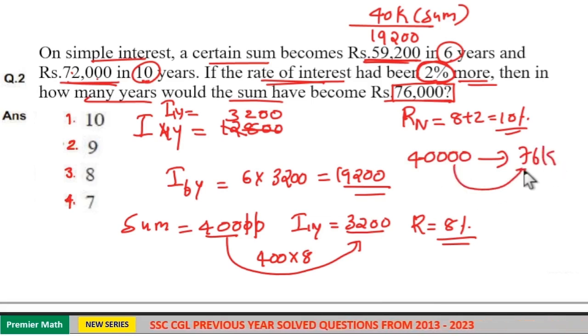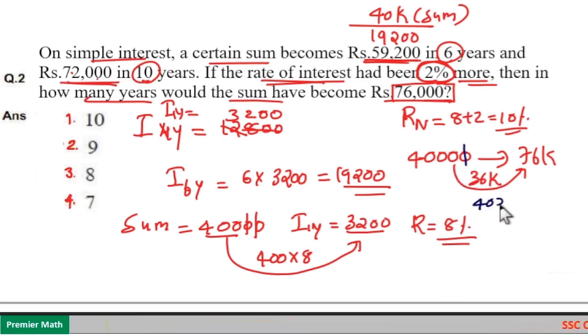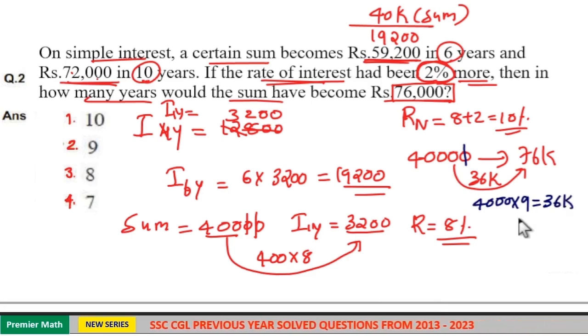The difference is 36,000. Here 10% of 40,000 is 4,000. Then 4,000 into 9 is 36,000, which means in 9 years the sum will become 76,000. So option 2 is your answer.